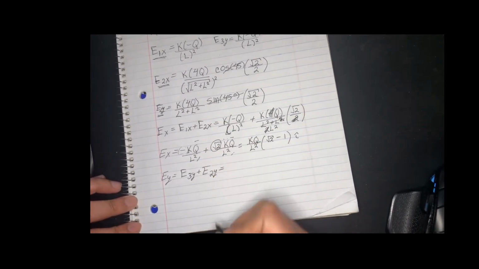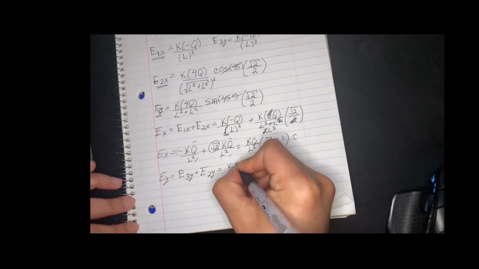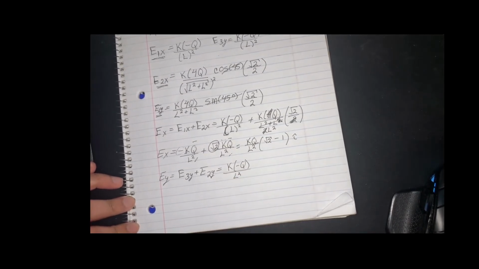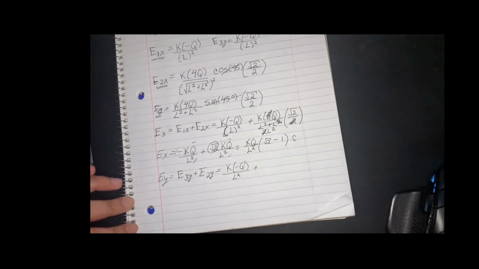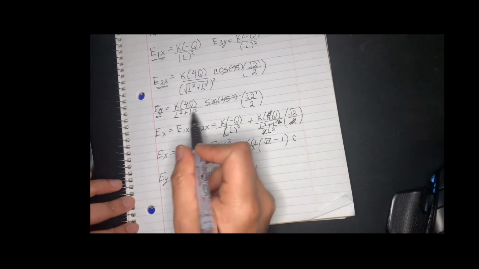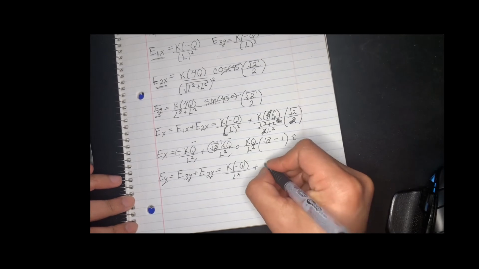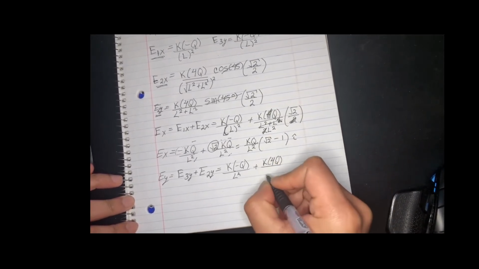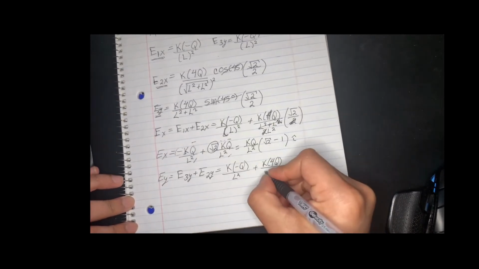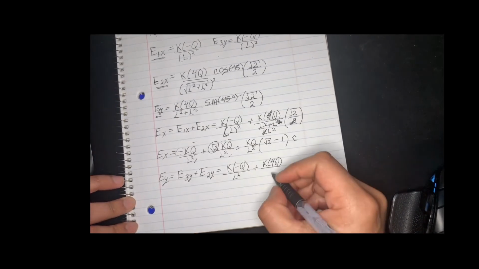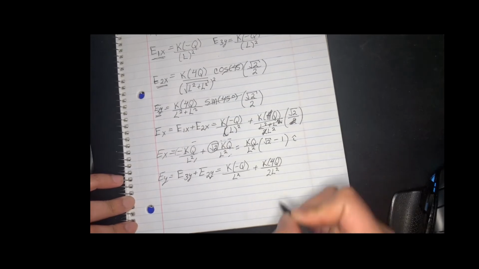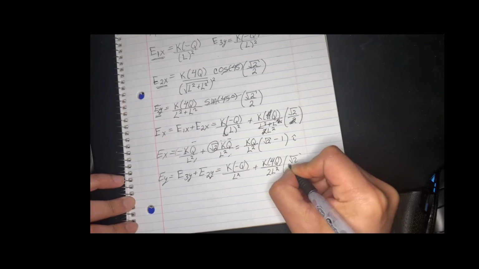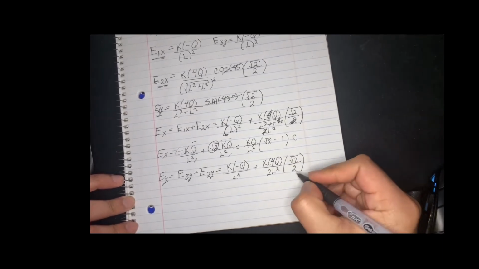And this is gonna be equal to k negative q divided by L squared plus all these over here. It's gonna be k 4q divided by, we can combine these two, 2L squared, times the square root of 2 over 2. All this because of the sign.